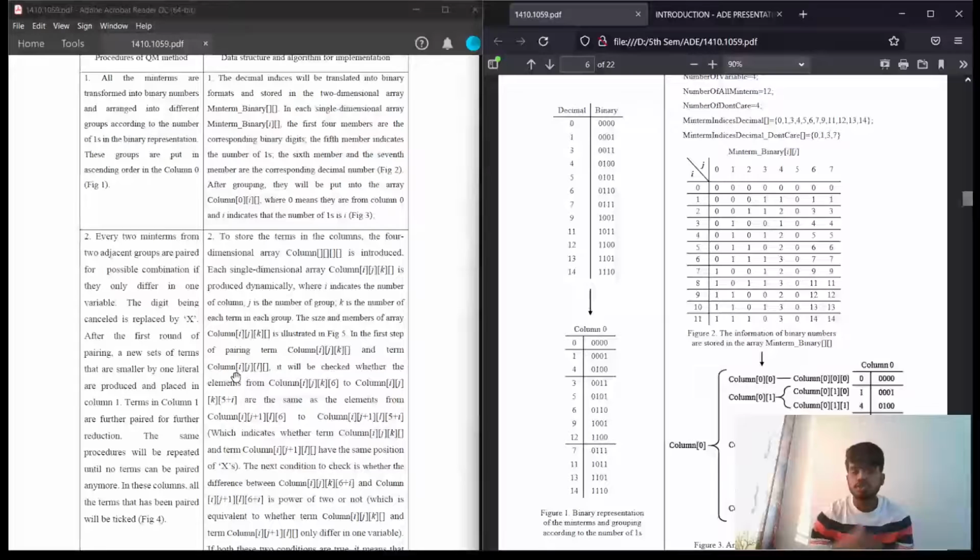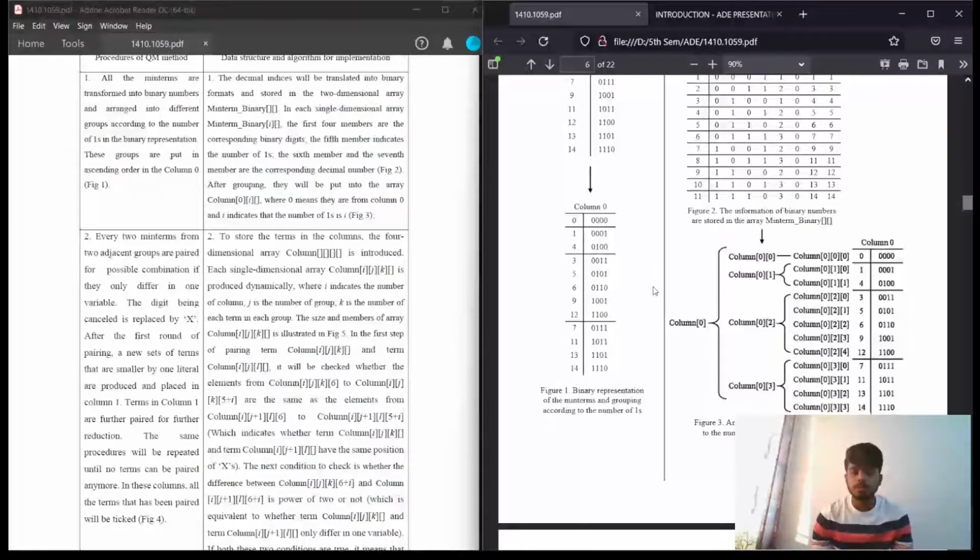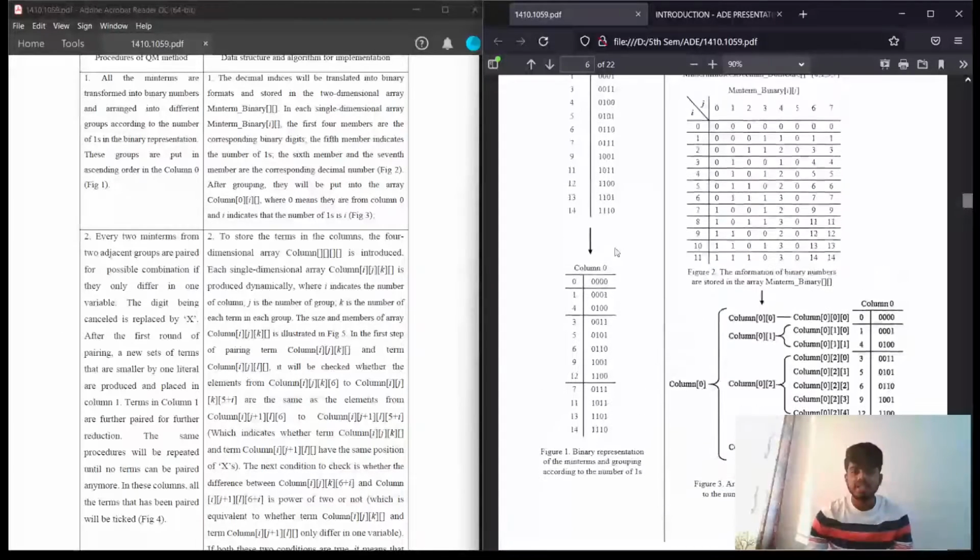So before this, we actually need to make sure that all of these are arranged in ascending order in groups of number of ones. This is how we do it on paper. While doing it on paper, take note, for example, this is how we represent. Suppose the number of ones is 0, and we represent it in a separate row, 0 0 0 0, that's nothing but 0.